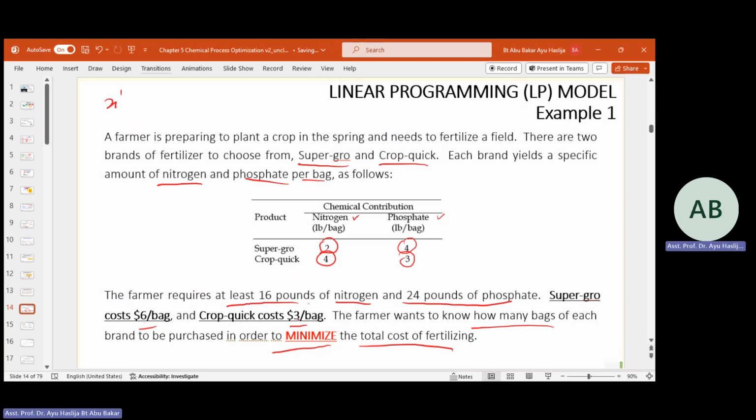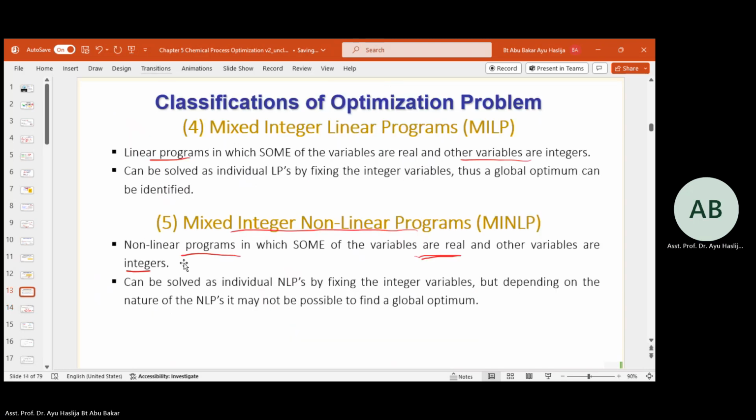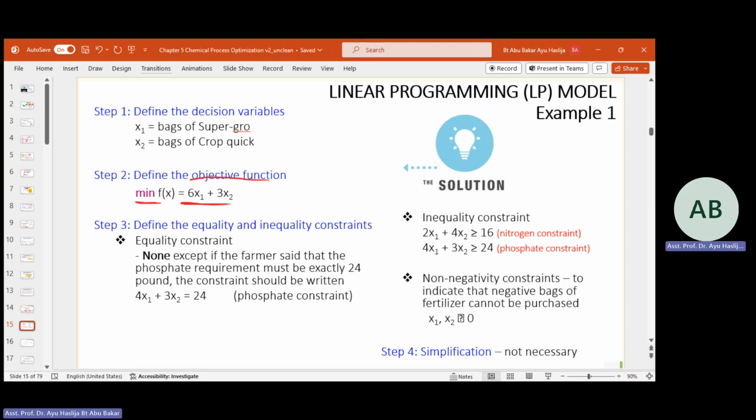Crop Quick, $3 per bag. Okay, so the X1 here refers to Supergrow. X1 is Supergrow, $6 per bag. Crop Quick, $3 per bag. So that's how it results in this equation.